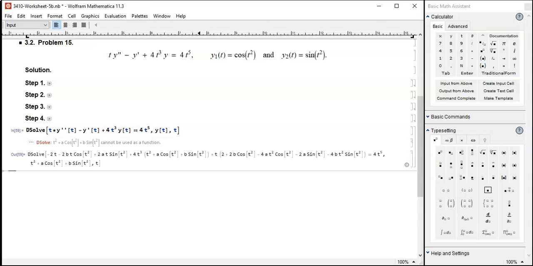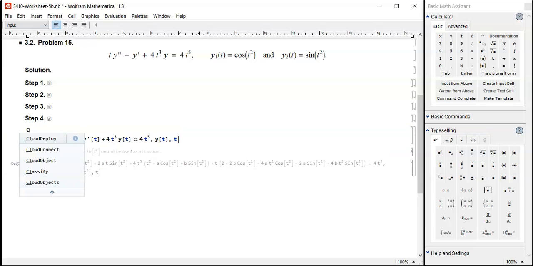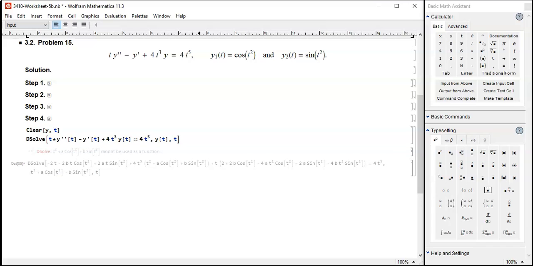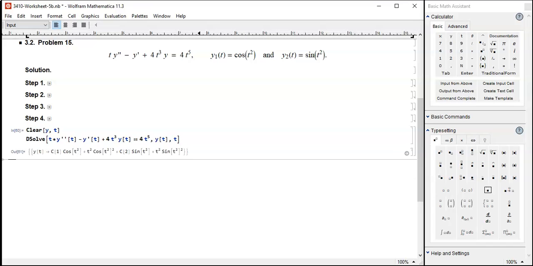Oh, excuse me, I have to clear the variable, otherwise I cannot solve the equation. Okay, what does it say? C1 cosine of t squared, C2 sine of t squared, plus here t squared cosine squared, t squared sine squared.